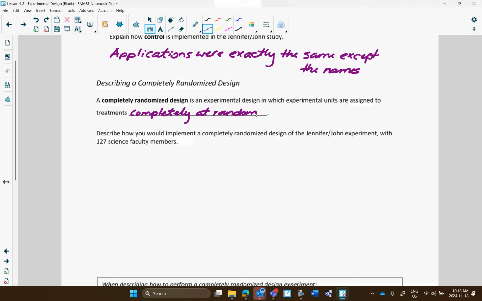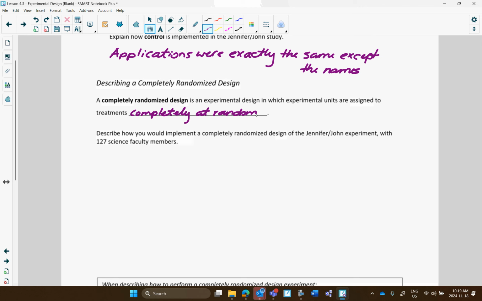Okay? I mean, you can do it in bullet form, you could do it in paragraph form. So basically what we want to do is, going back to the Jennifer John experiment, how would we implement a completely randomized design with the 127 faculty members?